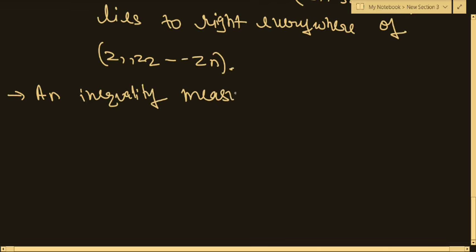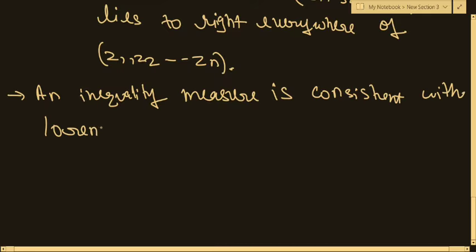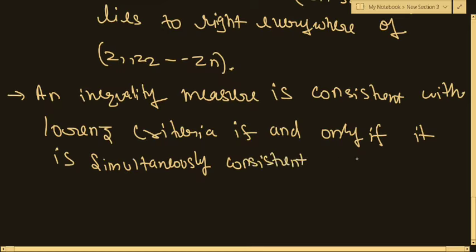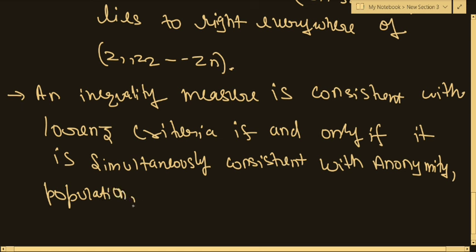An inequality measure is consistent with the Lorenz criteria if and only if it is simultaneously consistent with anonymity, population, relative income, and the Dalton principle.